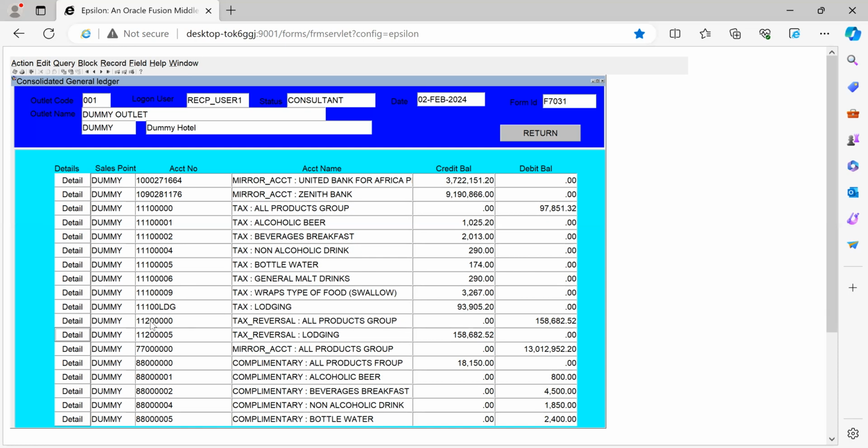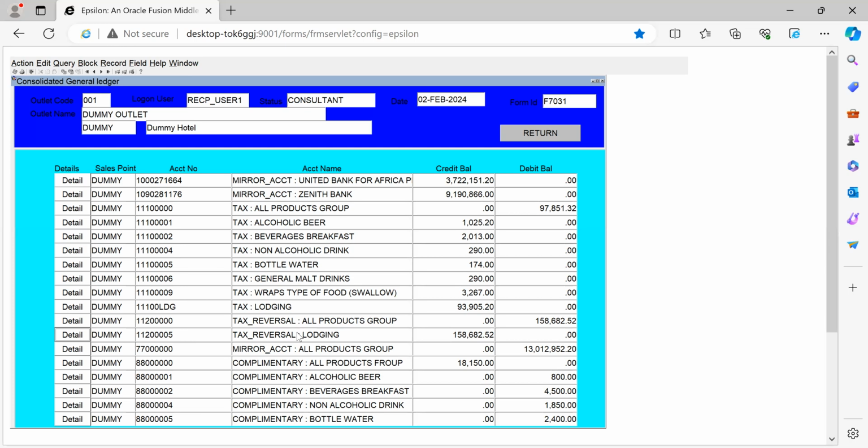Now there is another line here called Tax Reversal, all product groups, and Tax Reversal lodging. You can see the amounts are the same. So it means in this Dormi Hotel, the only reversals that have taken place are reversals on lodging. Let me explain where this can happen. Somebody lodges into a hotel, wants to stay for maybe 3 nights, and pays at the point of checking in.